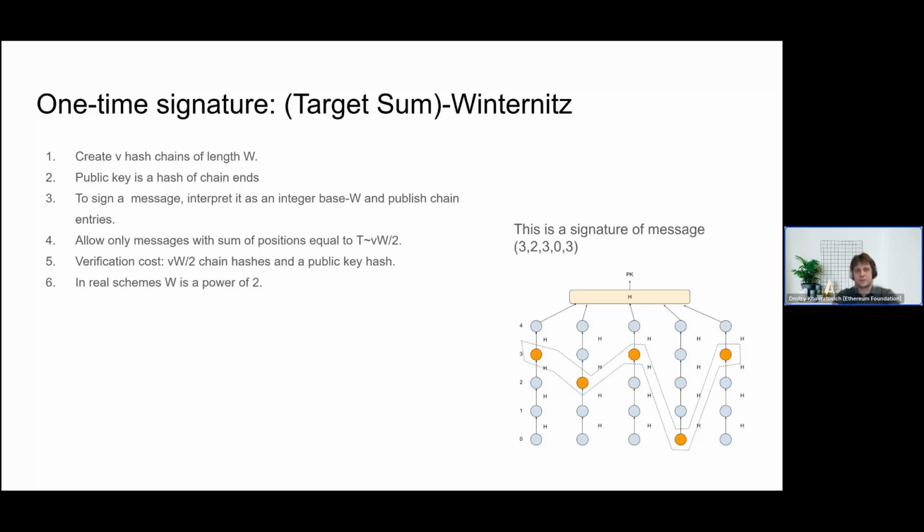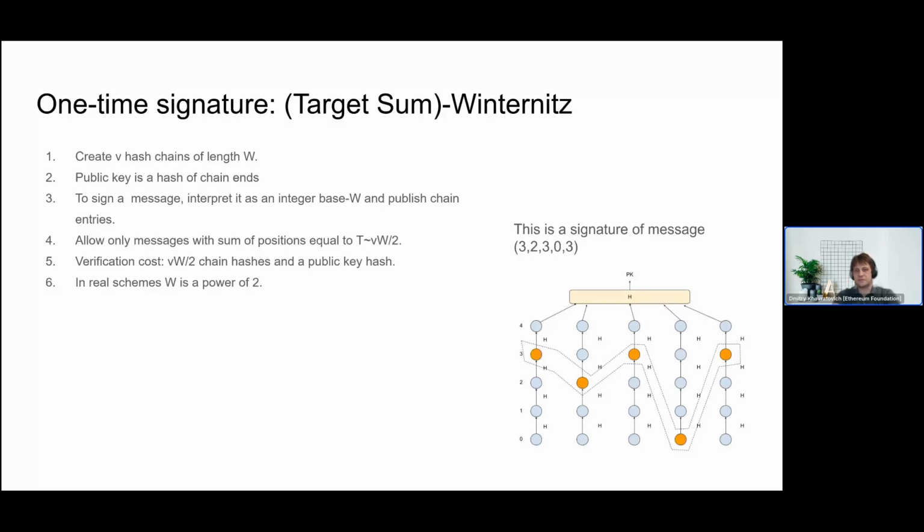Okay, so suppose that it's all clear. A little bit about the notation. Right now, I'm talking about hash chains of length capital W. In our paper, you may see that there is small w and 2 to the power of small w. So you see here, this number is often a power of 2.